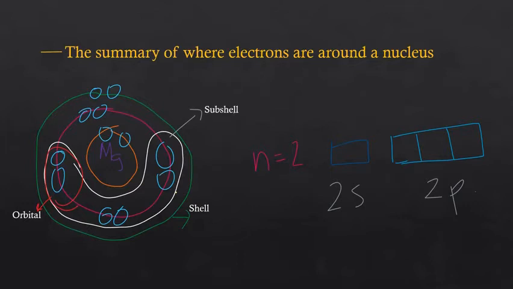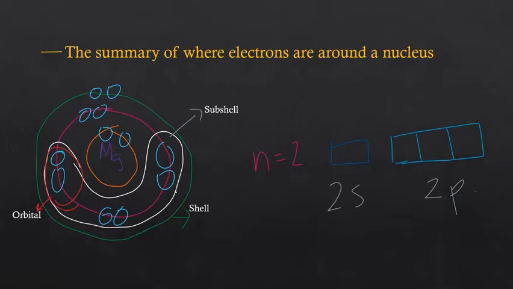The S subshell can carry exactly 1 orbital. The P subshell can carry exactly 3 orbitals. The D subshell can carry 5 orbitals. The F subshell can carry 7 orbitals, which means that they can carry in total 2, 6, 10, and 14 electrons respectively.